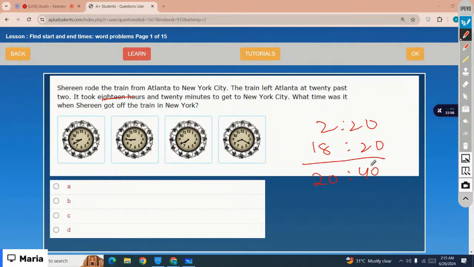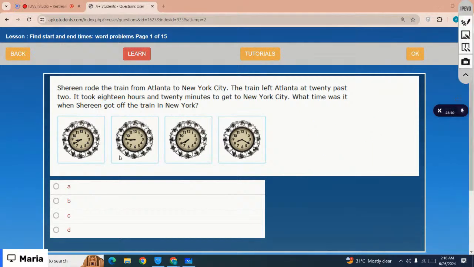That is 20:40, which is 8 after subtracting 12. It would be 8:40, right? So the correct option is option A.